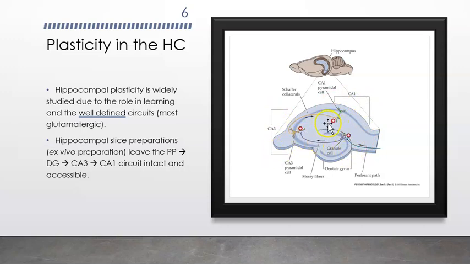We know the granule cells within the dentate gyrus, etc. So it's very easy to study, especially in rats, this whole system and how everything connects and how we can assess the strength of the signal being sent from one to another. You can do ex vivo preparations. You can do extracellular or intracellular recordings here. It's just one of the areas we use to study plasticity of the hippocampus quite a bit.